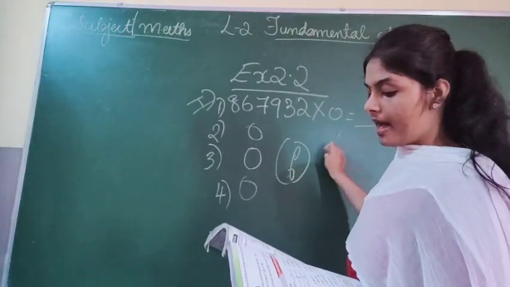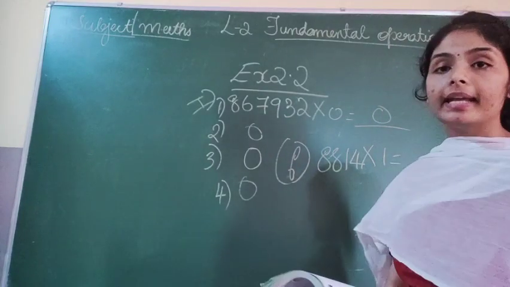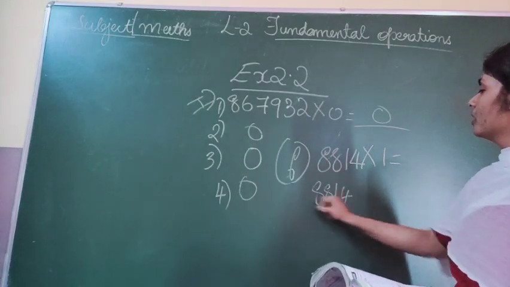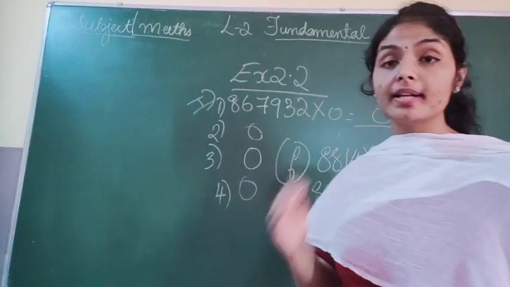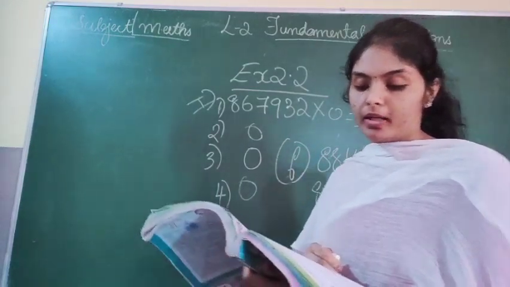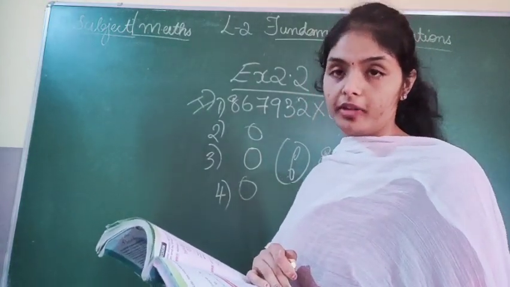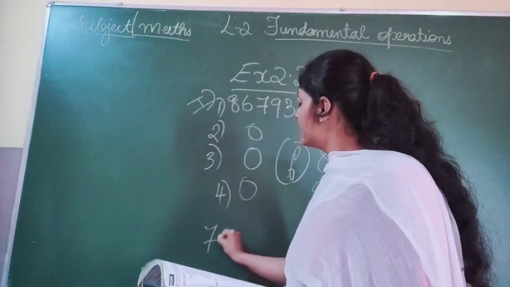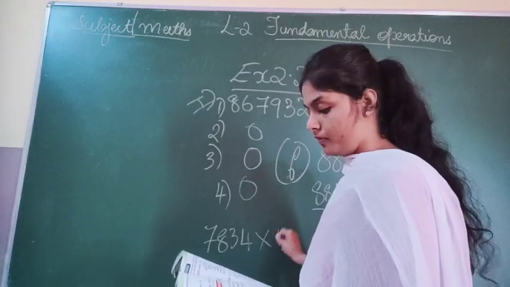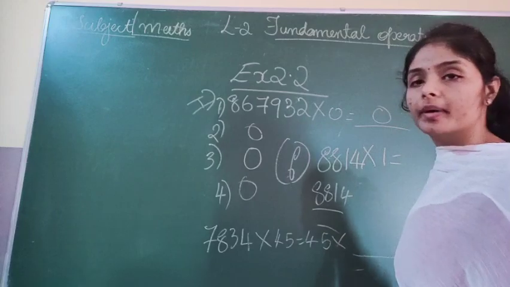Next, you have 8814 into 1. How much is 8814 into 1? 8814 only. Anything you multiply with 1, you get the same number. Got it? Next one. They gave 7834 into 45 is equal to 45 into what number?